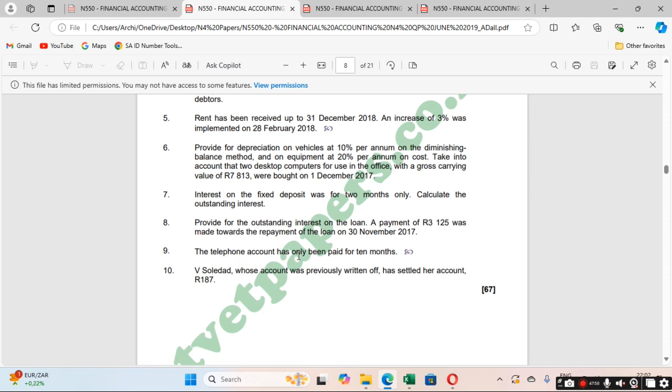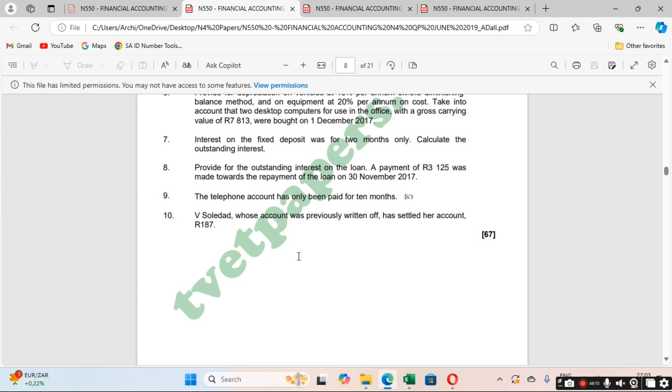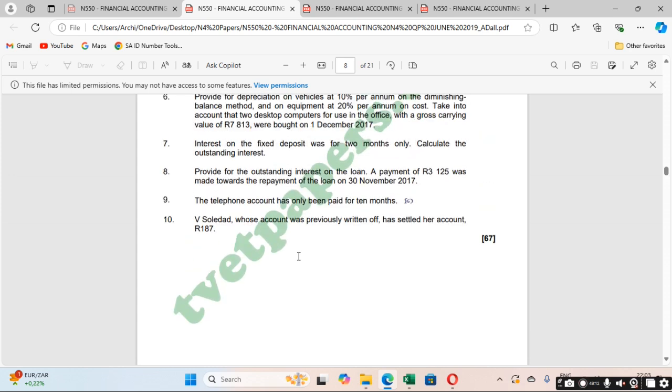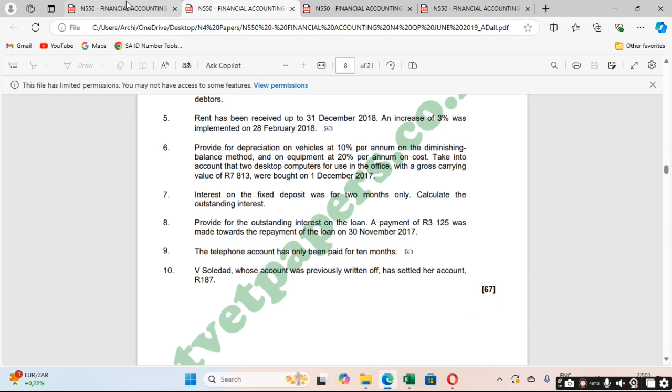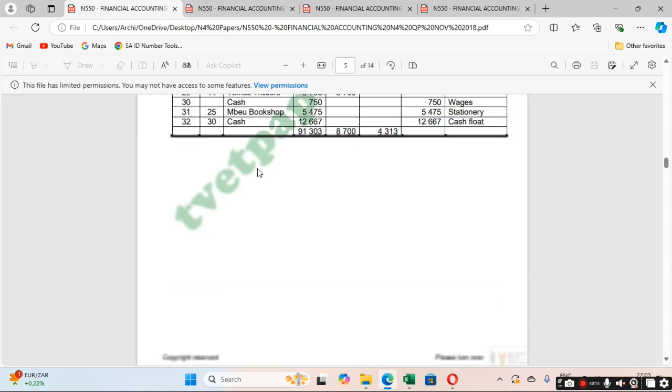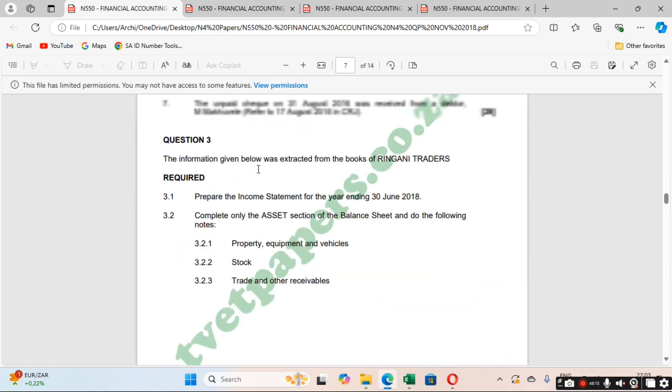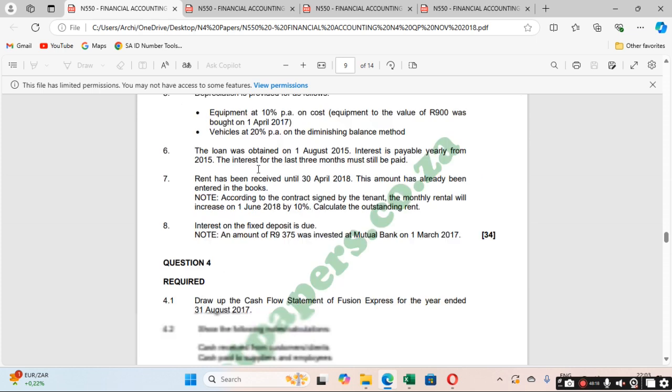Provide for the outstanding interest on loan. A payment of 3,125 was made towards the repayment of the loan on 30 November. Okay, so I think this is going to be our last transaction, guys. I will also do this transaction, and then I will close it because it's been too long now.